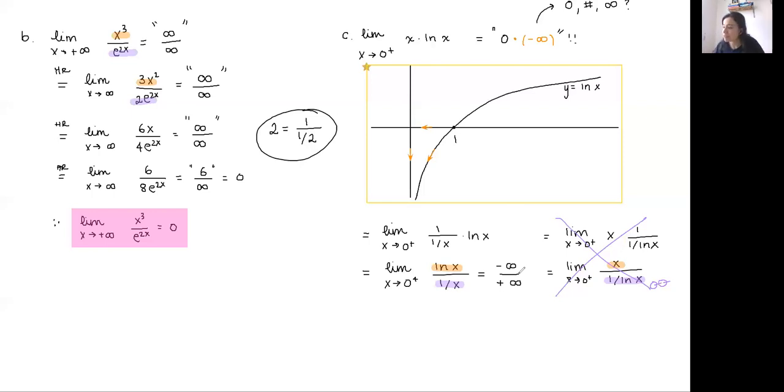Okay, so what I have is x here is going to 0 from the right. So that means that this is a very tiny number. So a number that's close to 0, but that is positive. So that would mean maybe like 0.00001. If I divide 1 by something that's really tiny, I'm going to get a very large number. And because that tiny number that I have is positive, the very large number that I get by dividing by that tiny bit is going to be equal to something positive as well.